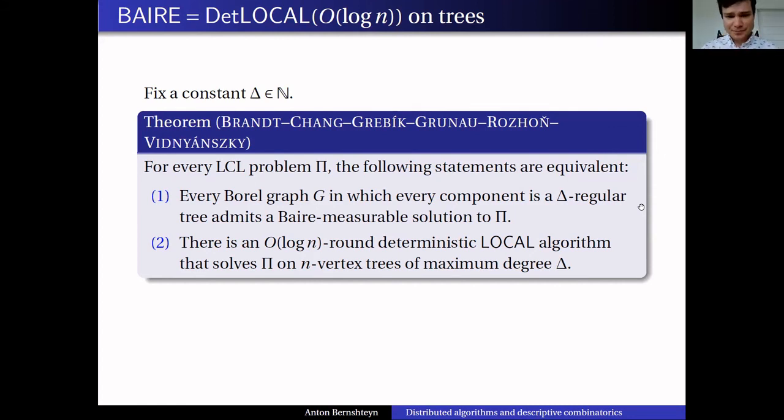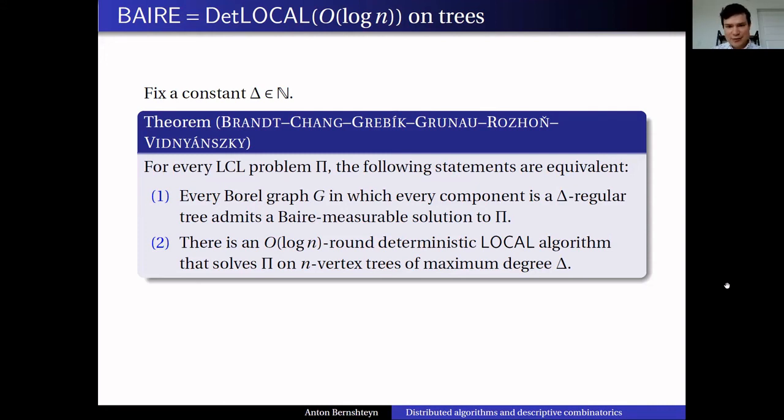So it's approximately Borel, in the sense that there is a topologically small set on which things can go wrong. Having such a topologically nice solution on Borel graphs where every connected component is a delta-regular tree turns out to be equivalent to having a big O of log n round deterministic local algorithm that solves this problem on n-vertex trees of maximum degree delta.